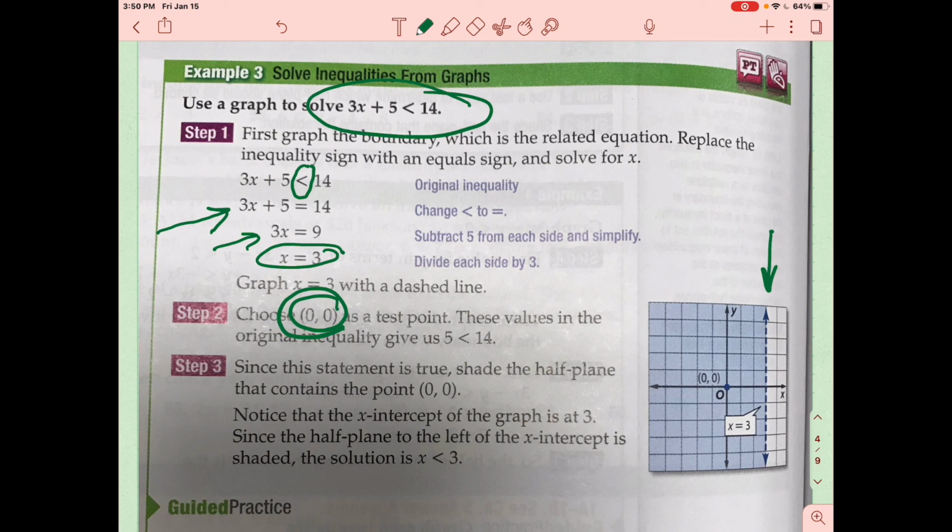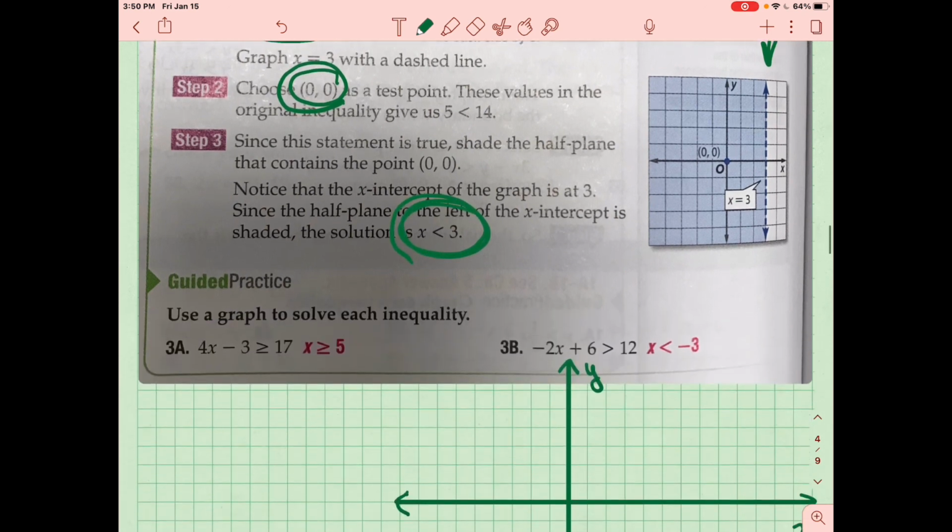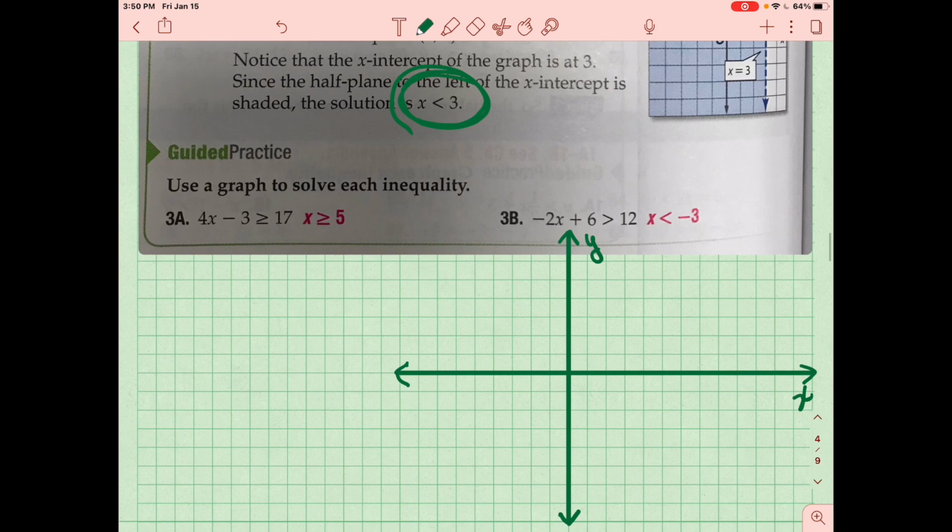And so we're going to color to the left of our straight up and down line, and we have a nice solution set there. And we can see that since the shaded area is to the left of the dashed line, we know that all of our solutions happen to be less than 3, and so we have x less than 3.